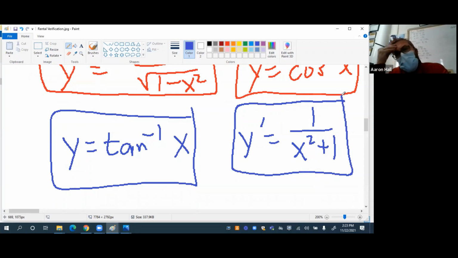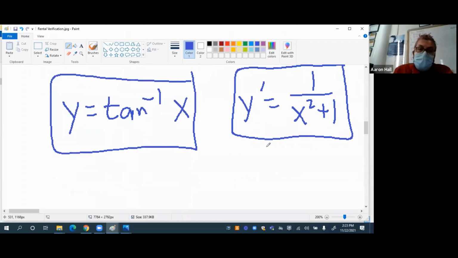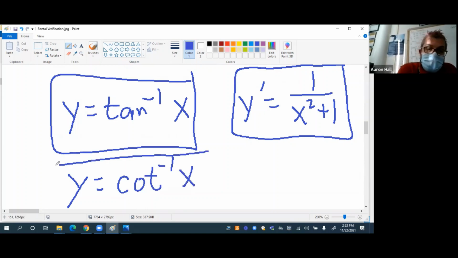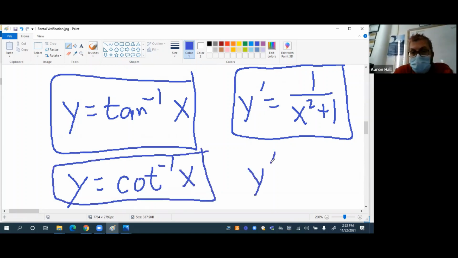If you wanted to do a proof of this, you're going to have to use the quotient identity of sine of x over cosine of x, and do the same method that we did before. All right, any guesses for the derivative of the inverse of cotangent? Yeah, because it's a co-function, it becomes negative 1 over x squared plus 1. And there you go.